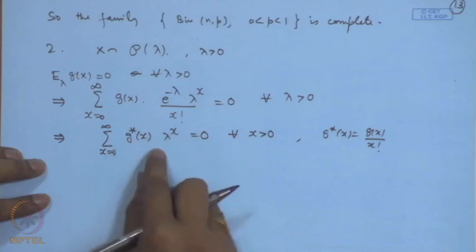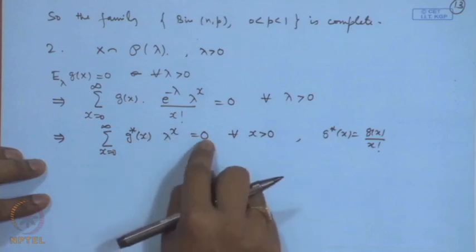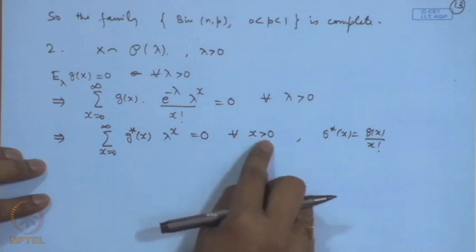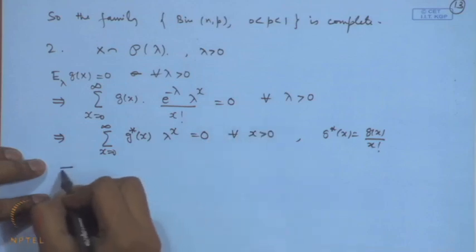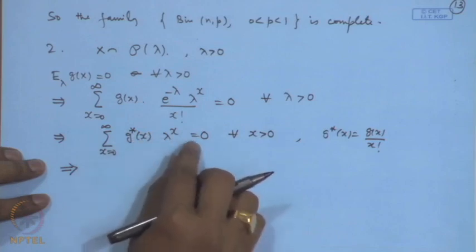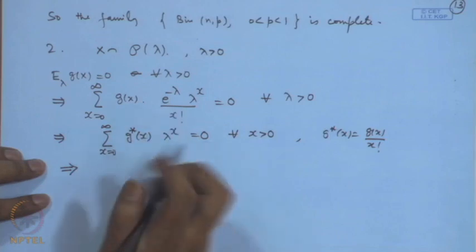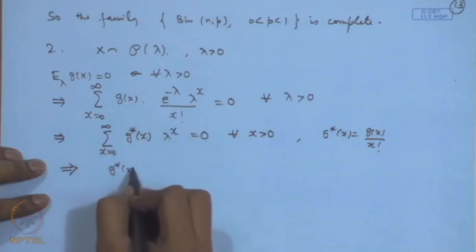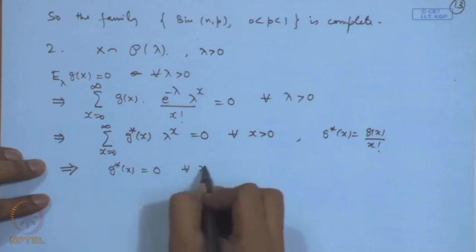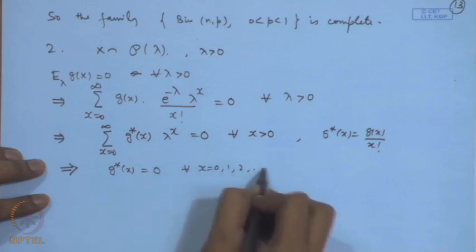Once again, if you notice on the left hand side, I have a power series in lambda, which is vanishing identically over the positive half of the real line. So, if a power series vanishes identically over an interval, all the coefficients must vanish. So, that means this is equal to 0 for all x equal to 0, 1, 2 and so on.